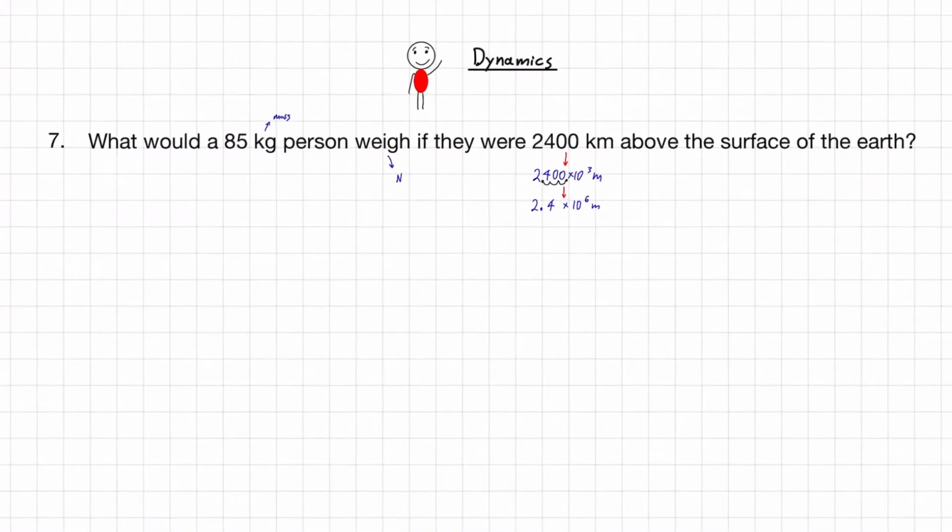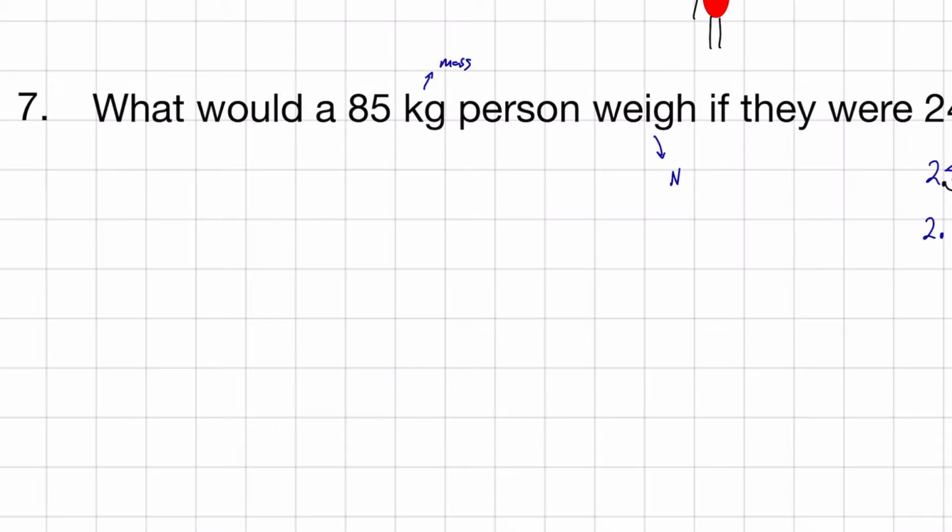All right, now let's look at some values that we are supposed to either memorize or will be given in the question. We need to know that the mass of Earth is 5.98 times 10 to the 24 kilograms.